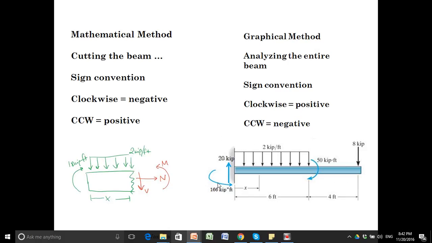When we're looking at the whole beam and putting it on the graph, counterclockwise is negative, clockwise is positive. And it makes sense because if I were to cut the beam here and then write my equation for moment, this comes out as positive. You don't have to work through it, you just need to understand when to use each sign convention.